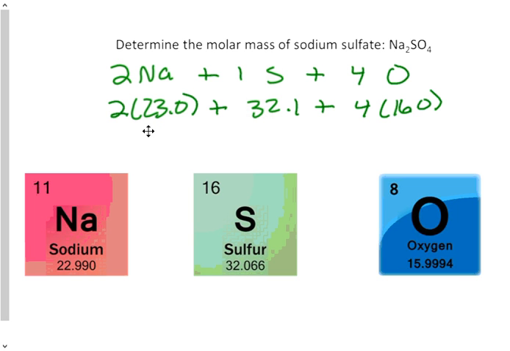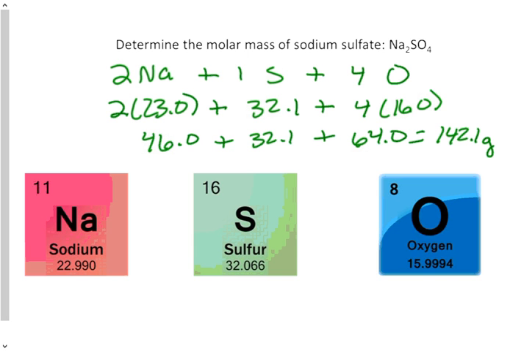And what should that equal? Well, let's see. 2 times 23 is 46.0 plus 32.1 plus 64.0. And that'll equal 142.1 grams. So that's the molar mass of sodium sulfate.